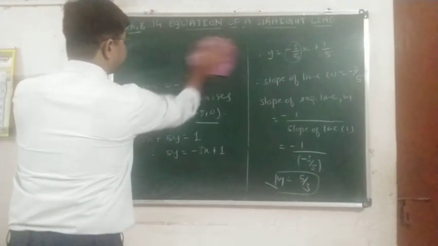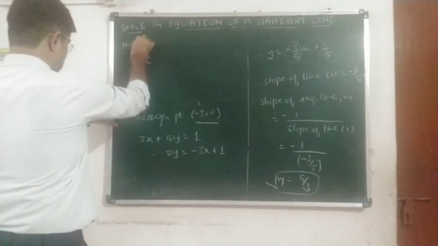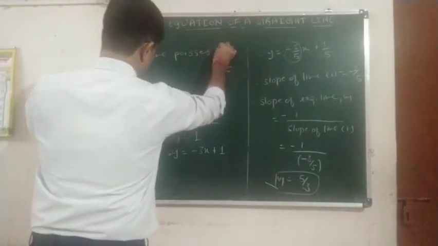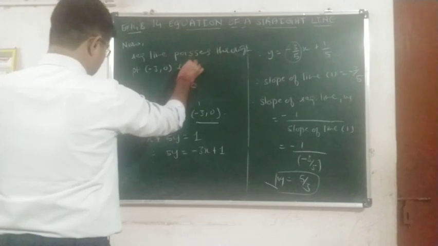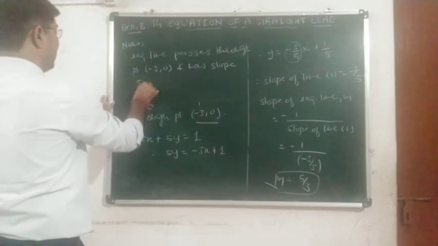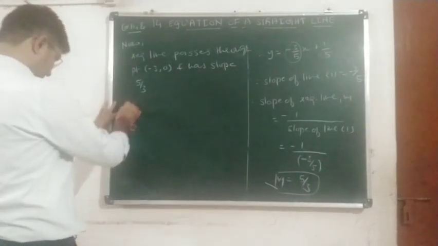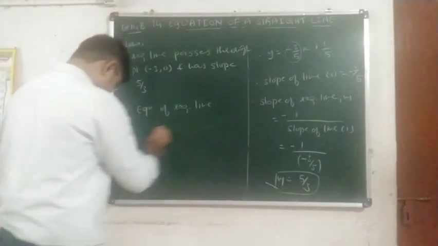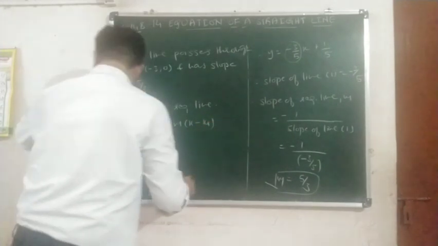Now the required line passes through point -3, 0 and has slope 5/3, and therefore the equation of the required line will be given by the point slope formula. y minus y1 is equal to m into x minus x1.